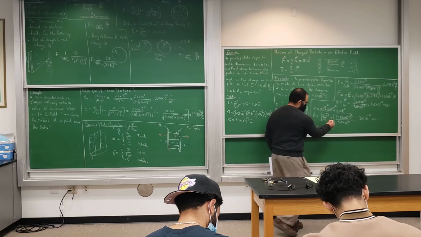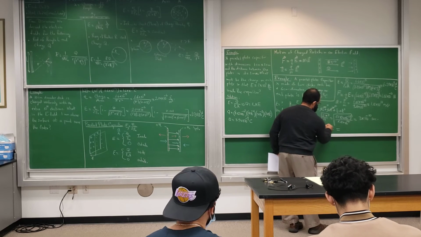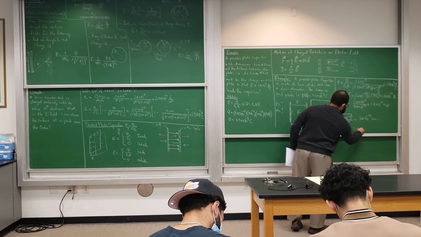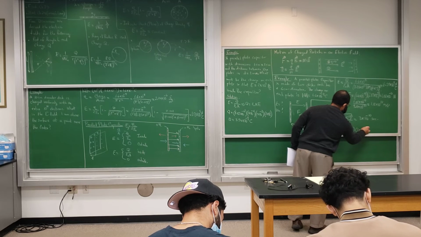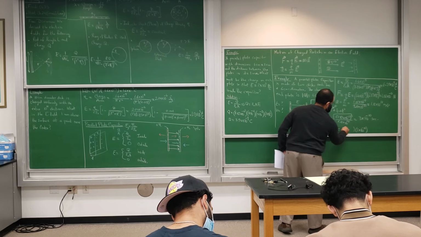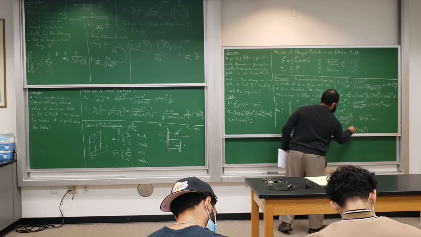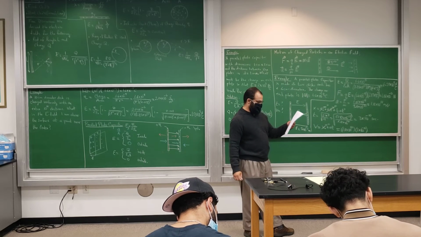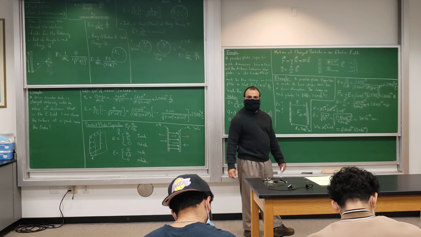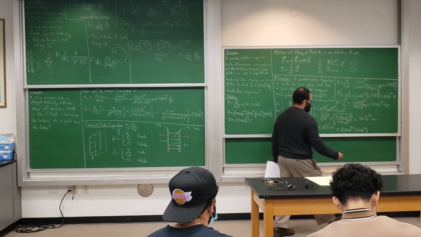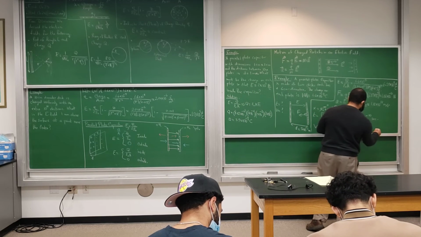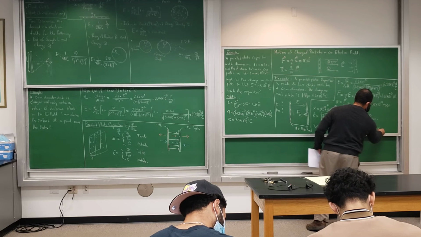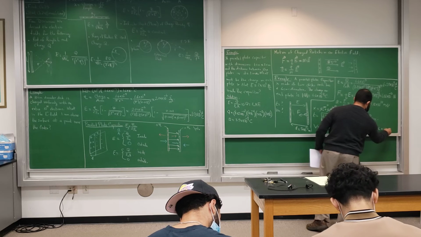So the speed would be something times 10 to the 7th power. 3.36, about 3.3, 3.4.